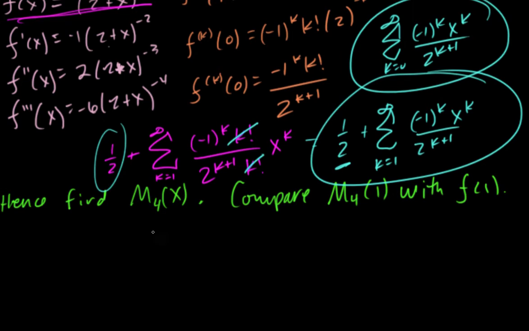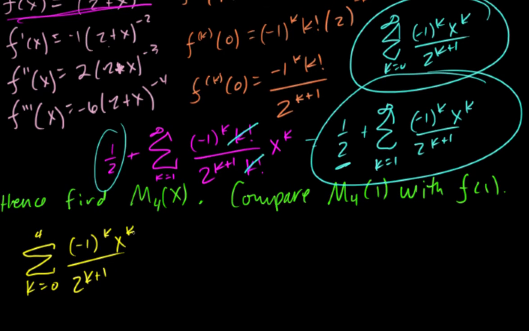And then we want to find the fourth order Maclaurin approximation and compare it to f of 1. And so if we do that, we just basically use this formula or this formula. So I'll use the top one. But we're going to go from 0 to 4. So we get negative 1 to the k, x to the k over 2 to the k plus 1.